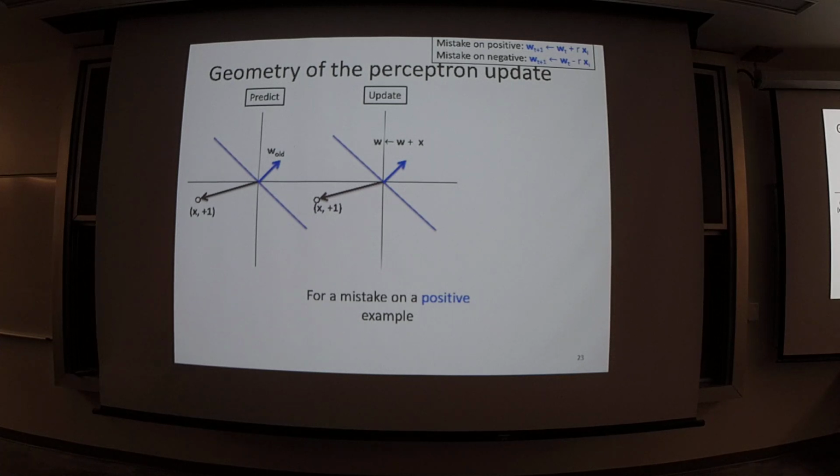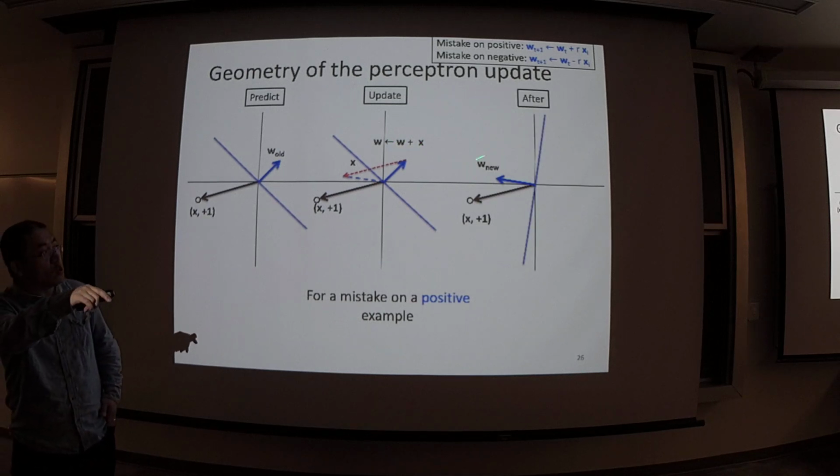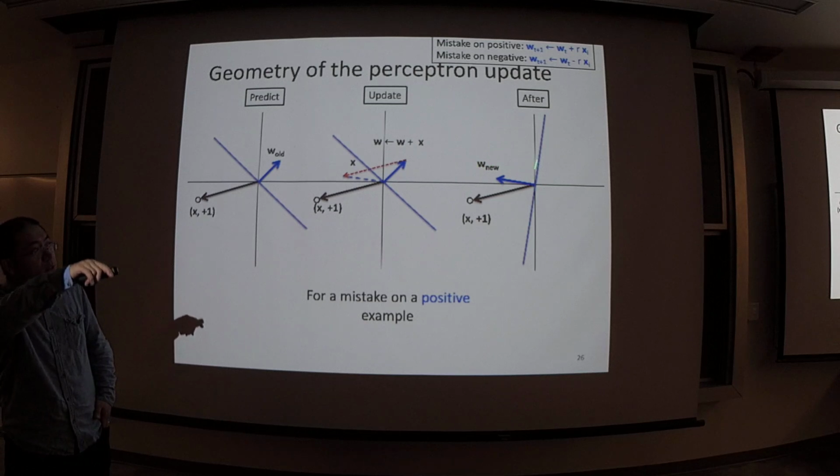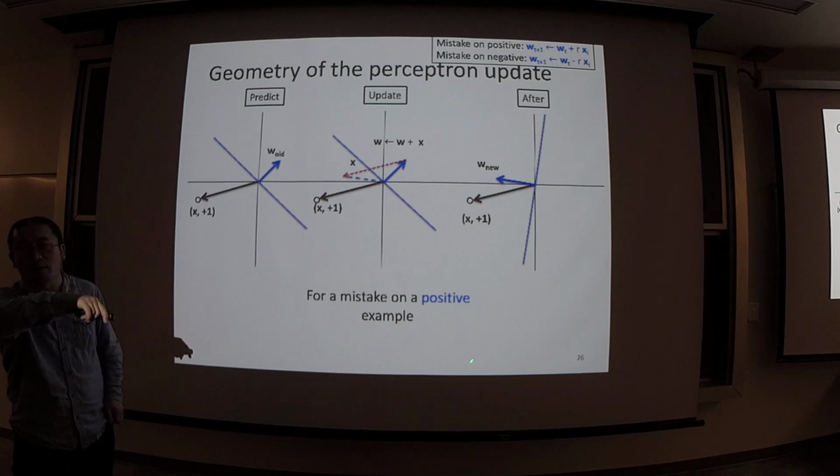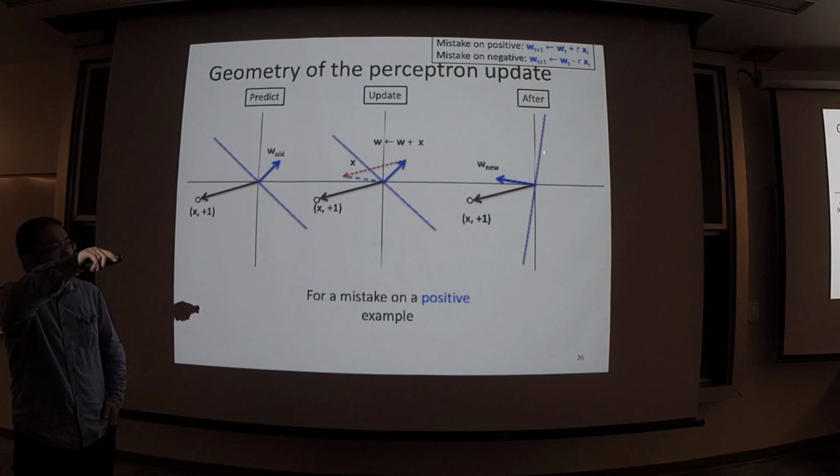From the geometry view, we move x in parallel, placing the start of x at the end of the weight vector w. Then we connect the start of w to the end of x, getting the vector addition. This is our new weight vector. Correspondingly, the hyperplane, the line orthogonal to this new w, is our classification boundary.